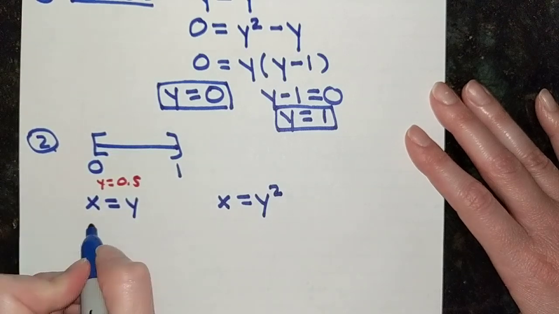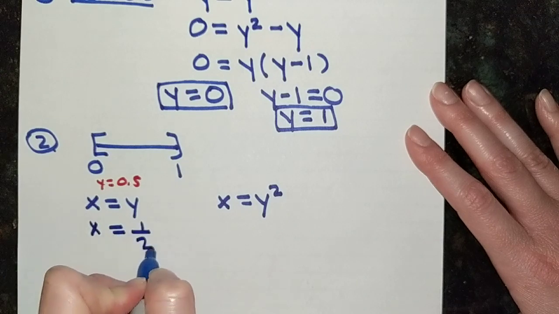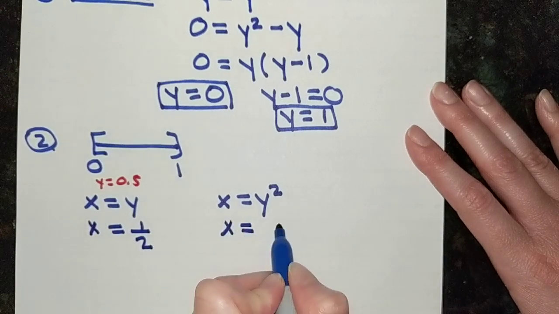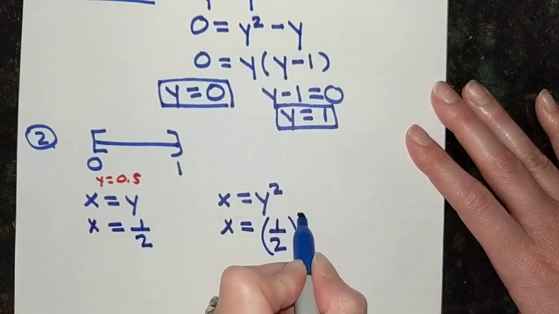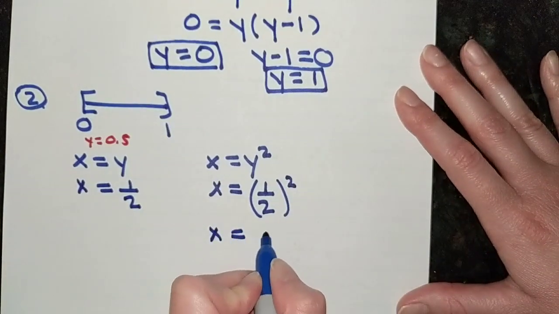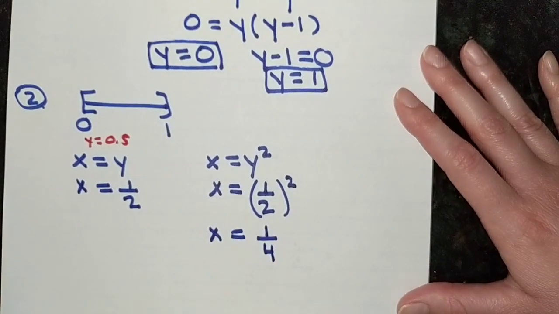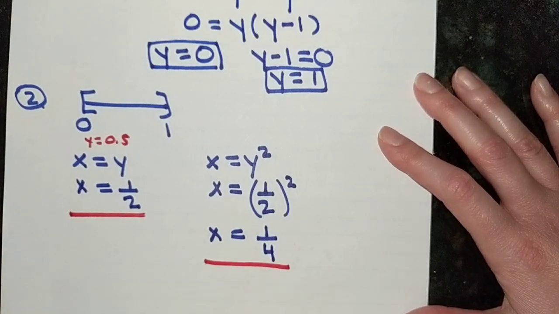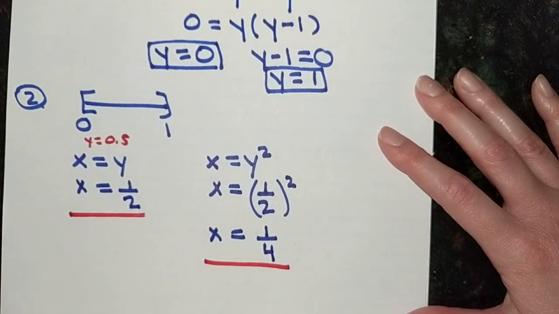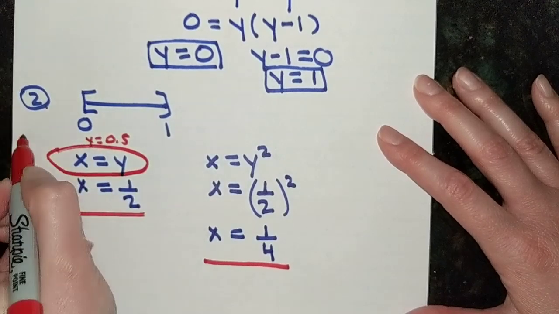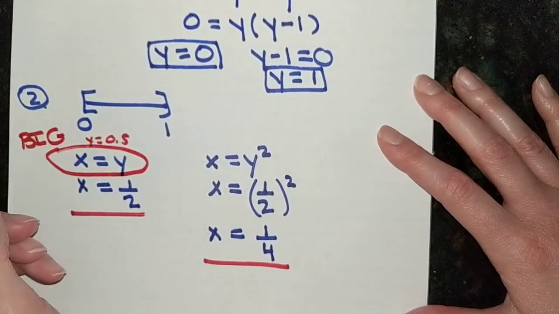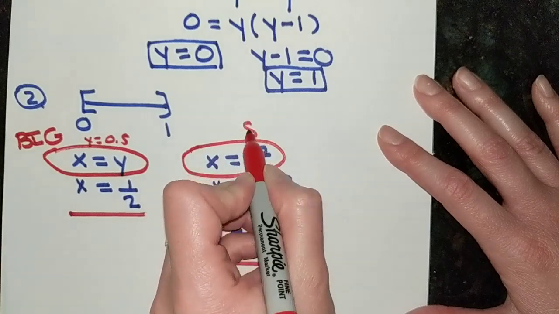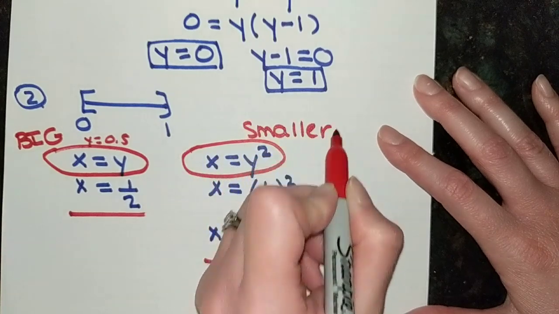So I would have x is equal to a half, and over here I'd have x is equal to a half squared, which would give us x is equal to 1/4. Comparing the x is equal to 1/2 with the x is equal to 1/4, that tells us that the bigger function is x equals y, and the smaller function is y squared.